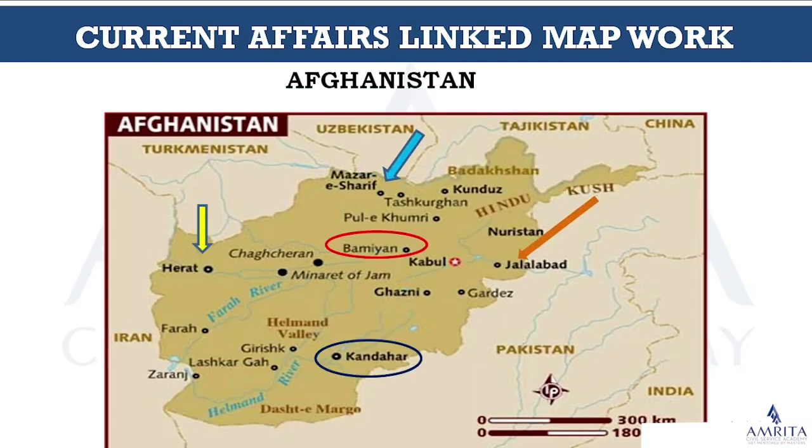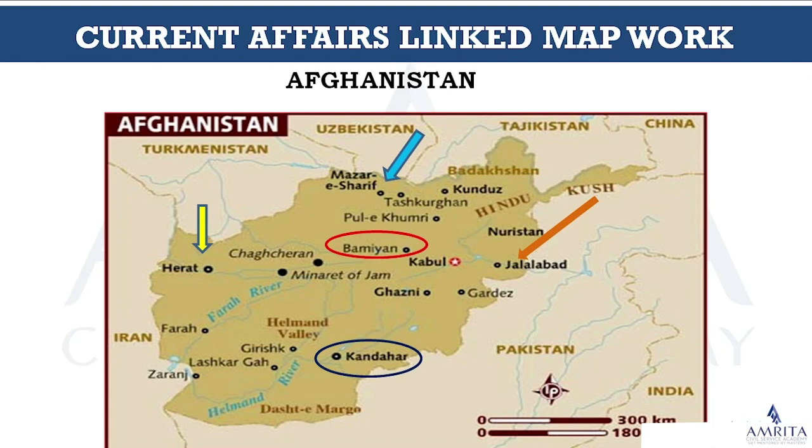Next one, Afghanistan. Afghanistan actually was a hotspot for news. We need to understand some locations in Afghanistan. That orange arrow that indicates Jalalabad, that is very near to Pakistan. Jalalabad, we have an Indian consulate there.